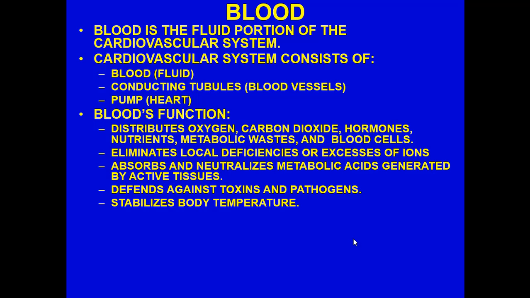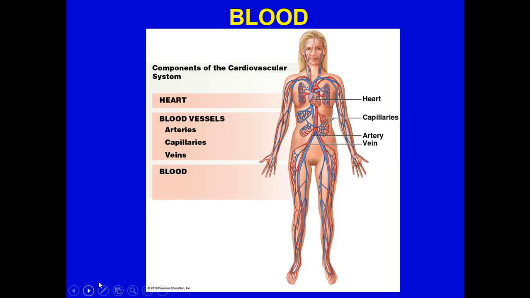Blood's function is to distribute oxygen, carbon dioxide, hormones, nutrients, metabolic waste, and blood cells. It is also involved in the elimination of local deficiencies or excesses of ions. It absorbs and neutralizes metabolic acids generated by active tissues. It will also defend against toxins and pathogens, and as well, it will stabilize body temperature.